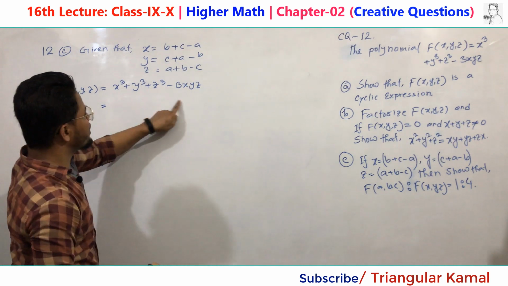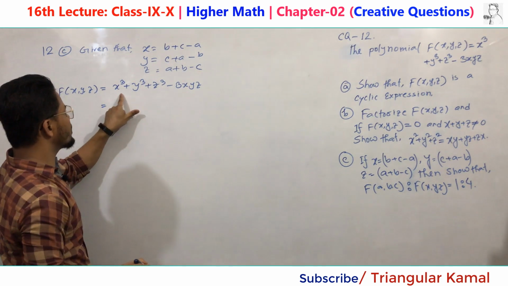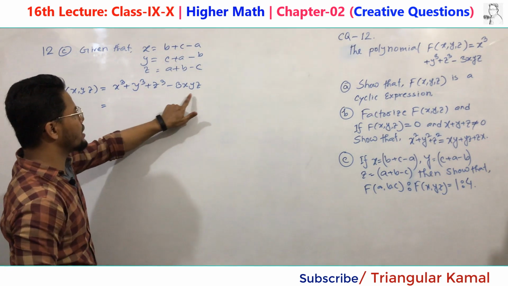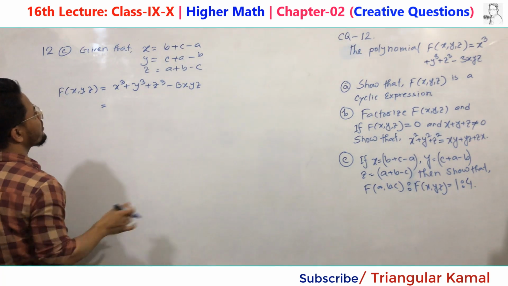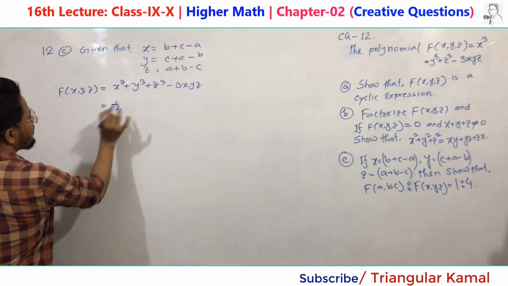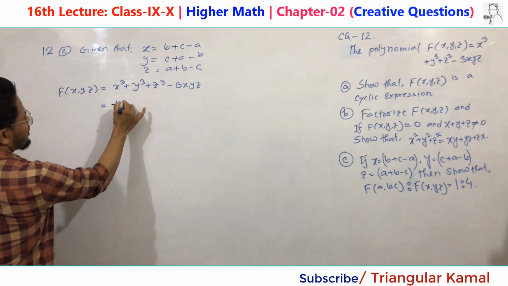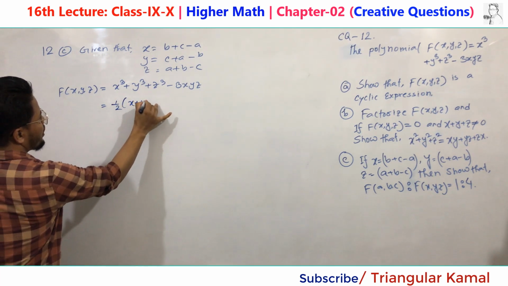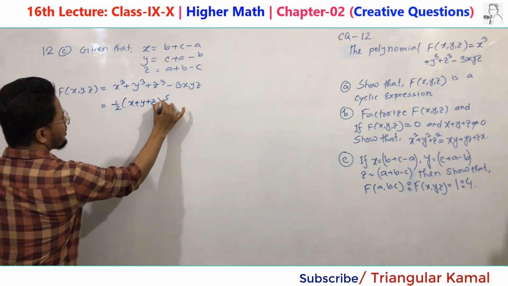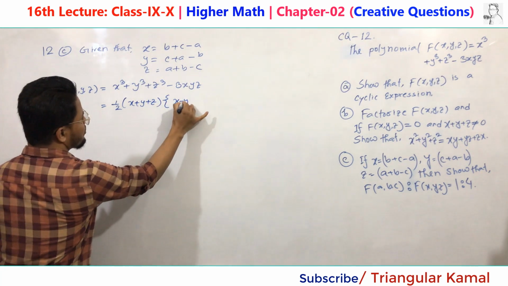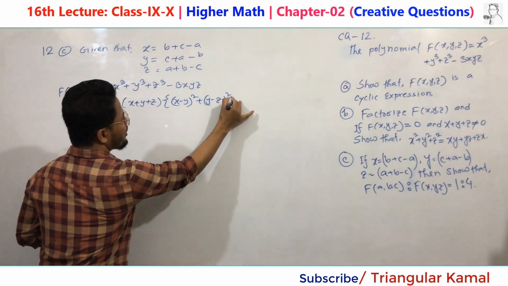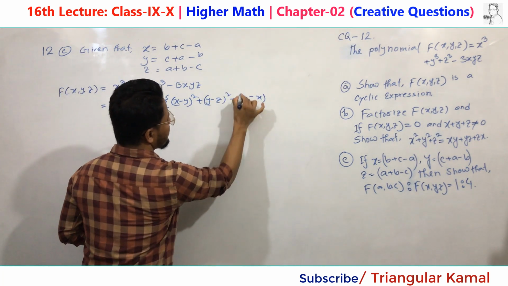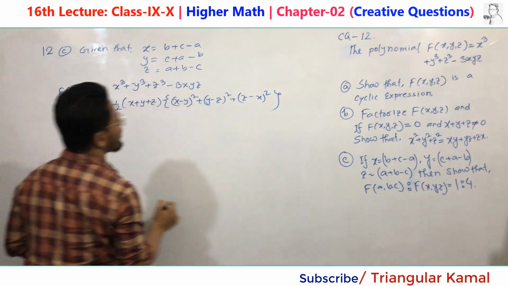So you can apply the formula of x cube plus y cube plus z cube minus 3xyz. So there are two formulas. We will apply here the corollary form. So there will be half times of x plus y plus z, then the second bracket (x minus y) whole square plus (y minus z) whole square plus (z minus x) whole square is the formula.